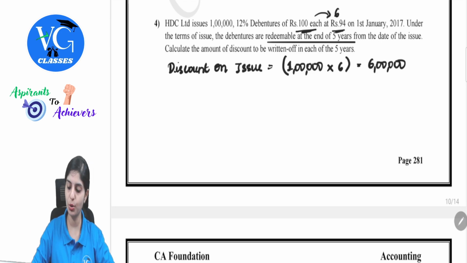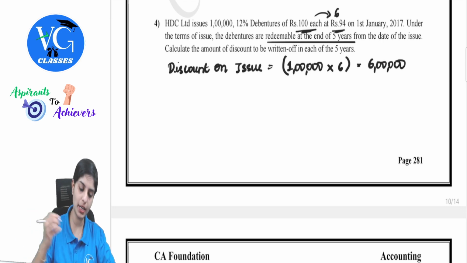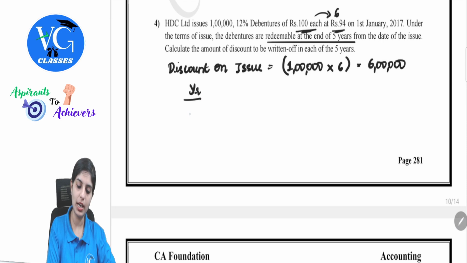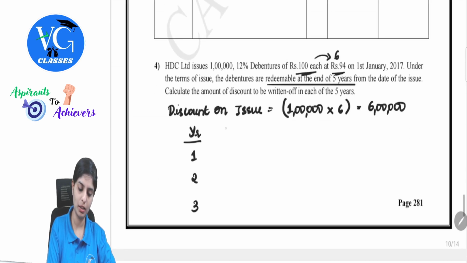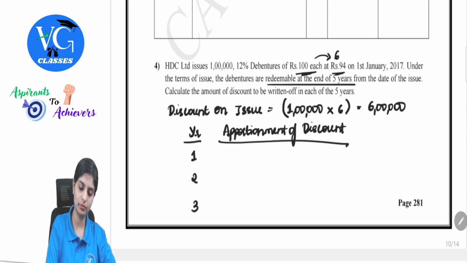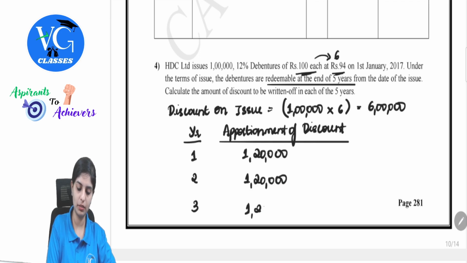If I have to apportion it over a period of 5 years, this will be equally taken, 1 lakh 20, 1 lakh 20 and 1 lakh 20. So if I write this down, 1st Jan 2017, year 1, 2, 3, 4 and 5. Apportionment of discount will be 1 lakh 20 every year.